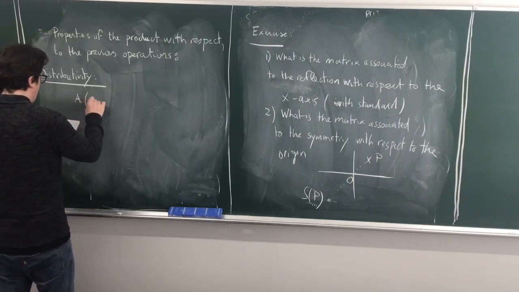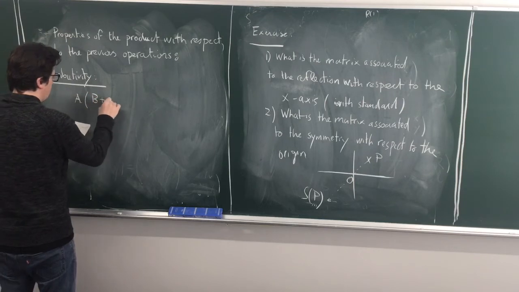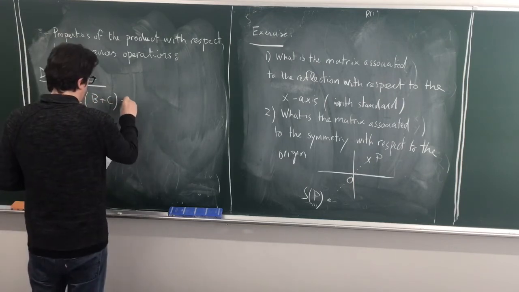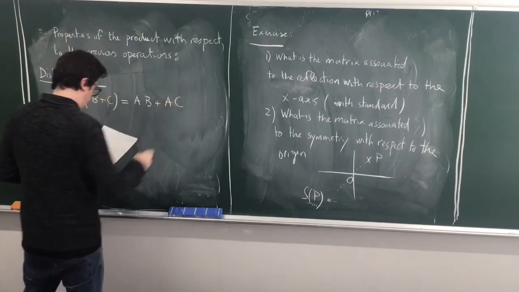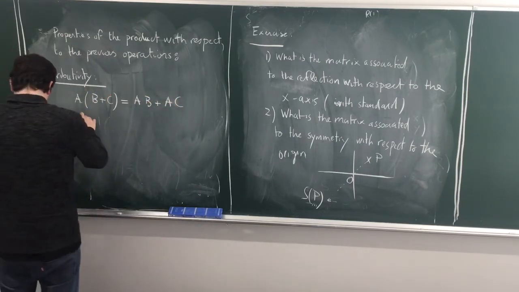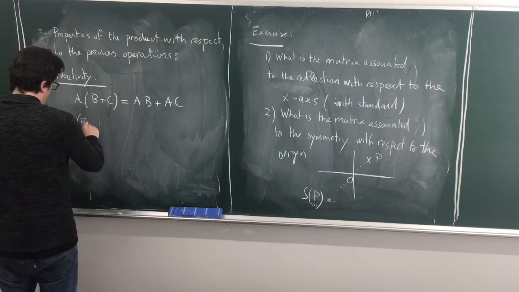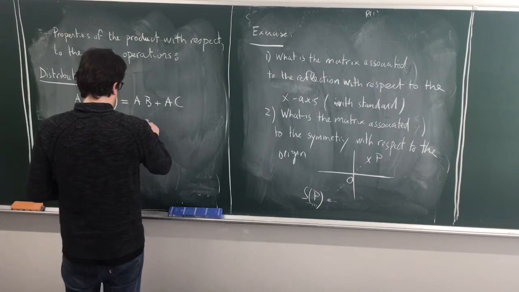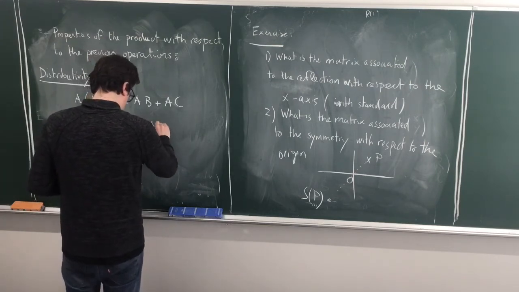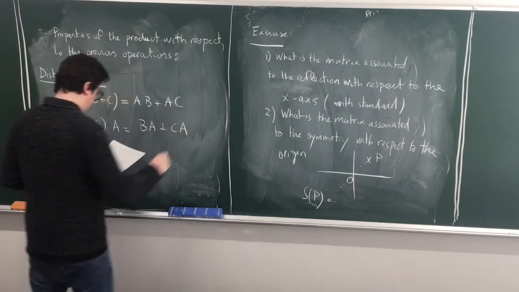A times (B plus C) is equal to AB plus AC. And also (B plus C) times A will be the same as BA plus CA.